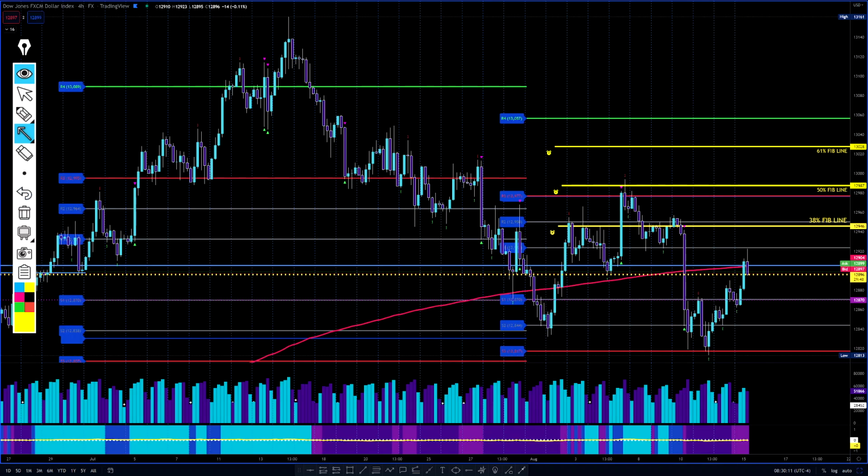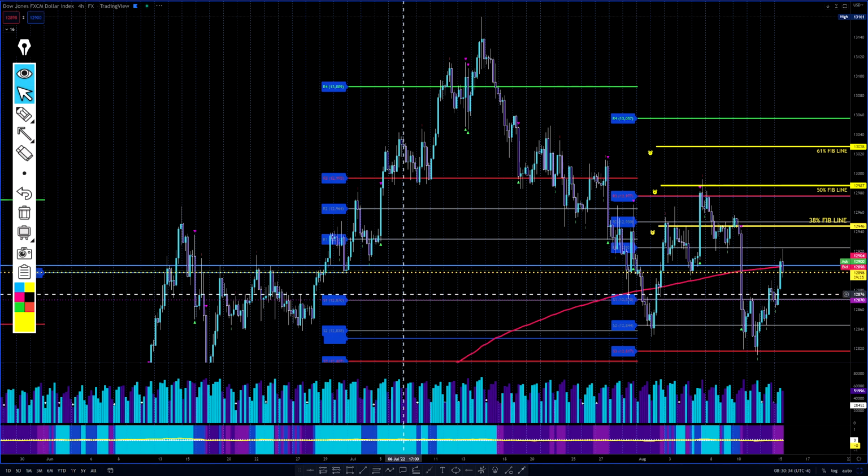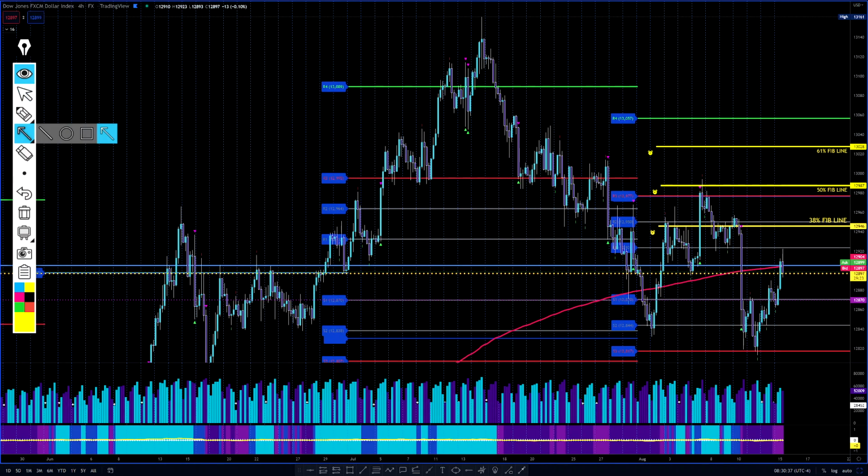So with that said, I'm kind of looking at certain things like this, right? We're getting support here at the S3 level, right? And I'm thinking right now that the US dollar probably got some support. It's at a certain support level right here. So if you look back, you could see this support level right here at around this S1 level. Let's see, that's 12,870.